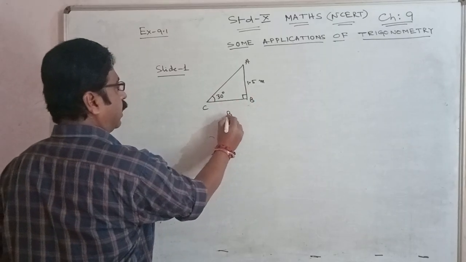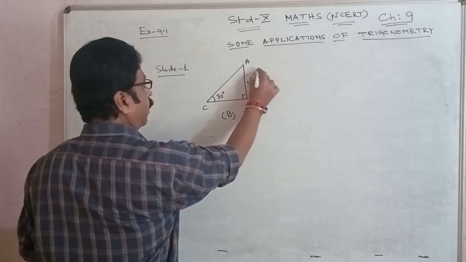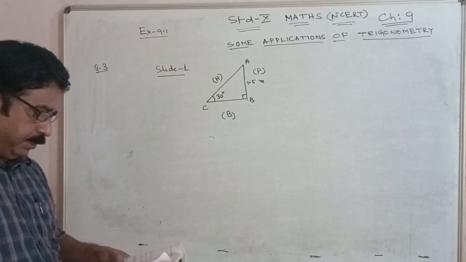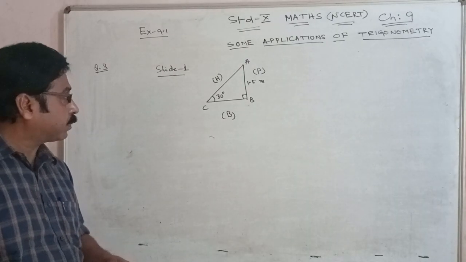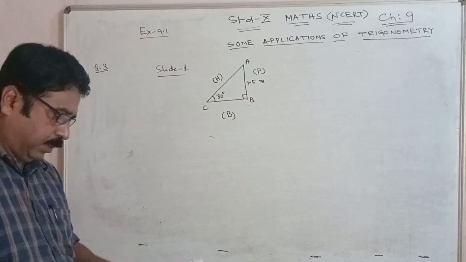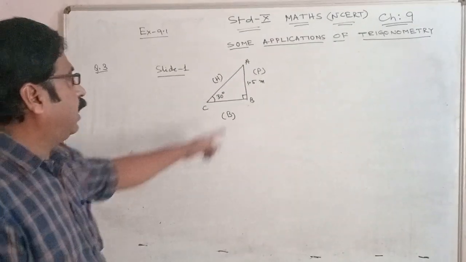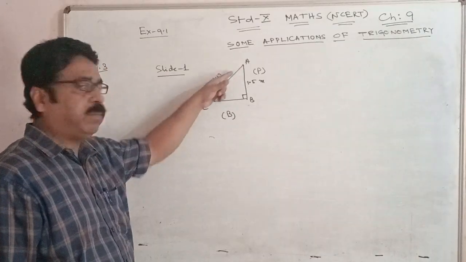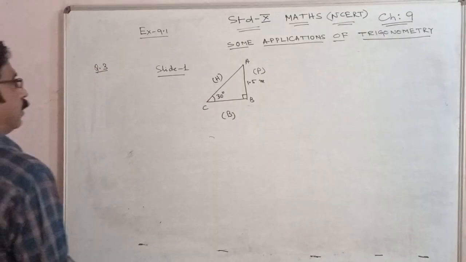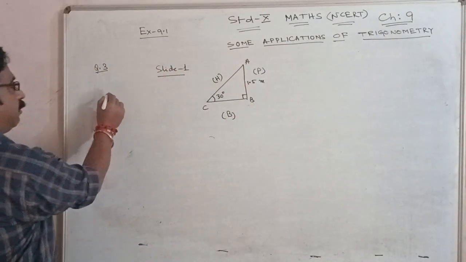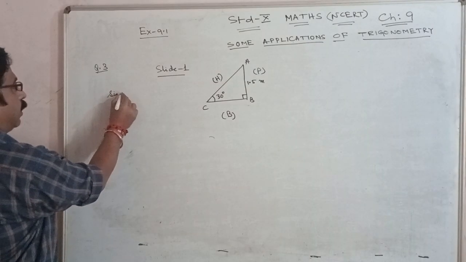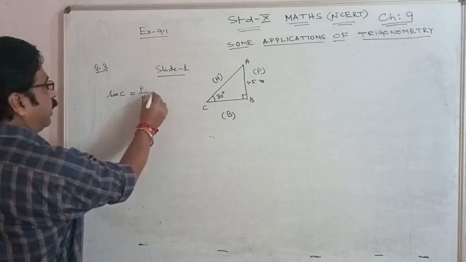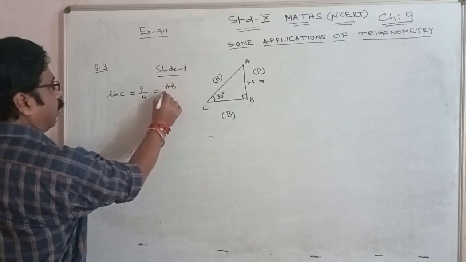So this will be base, it will be perpendicular, it will be hypotenuse. AC is the slide. We have to find the value of AC. So perpendicular and hypotenuse, we can use this, sin C is perpendicular upon hypotenuse. Perpendicular is AB, hypotenuse is AC.